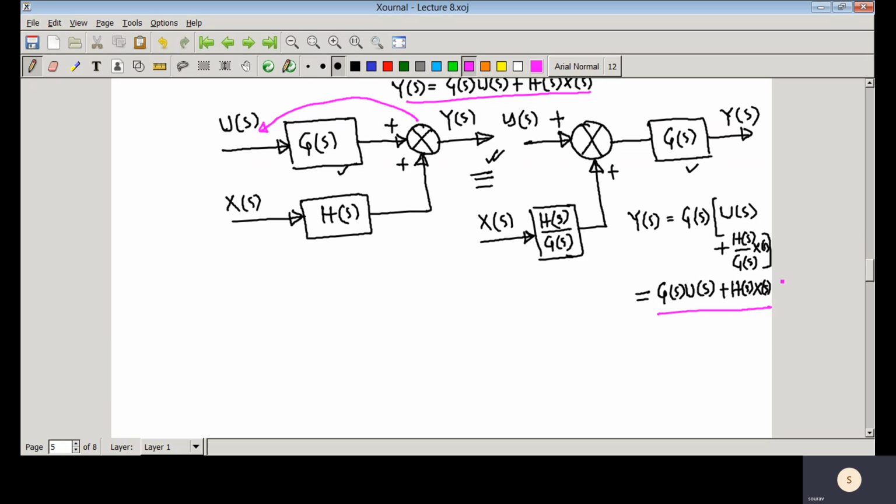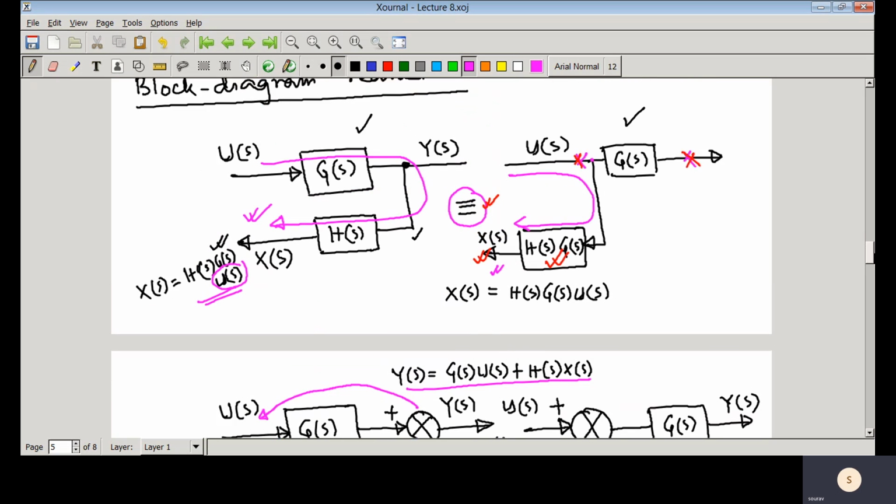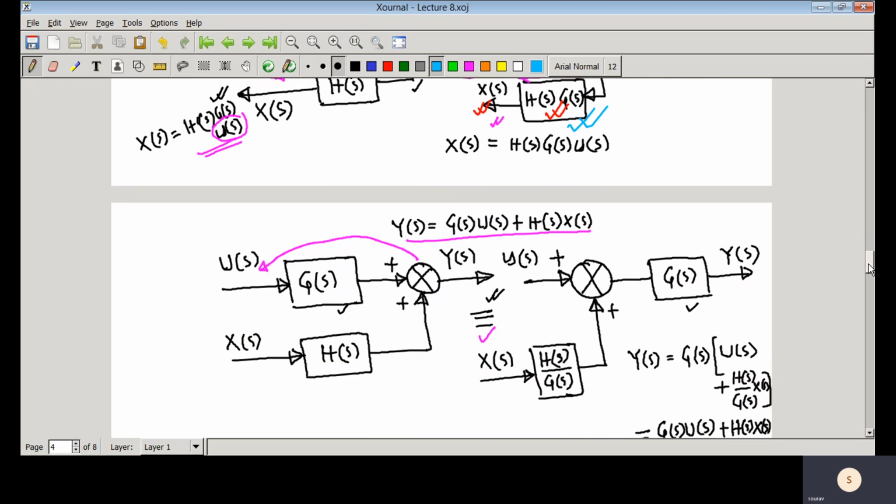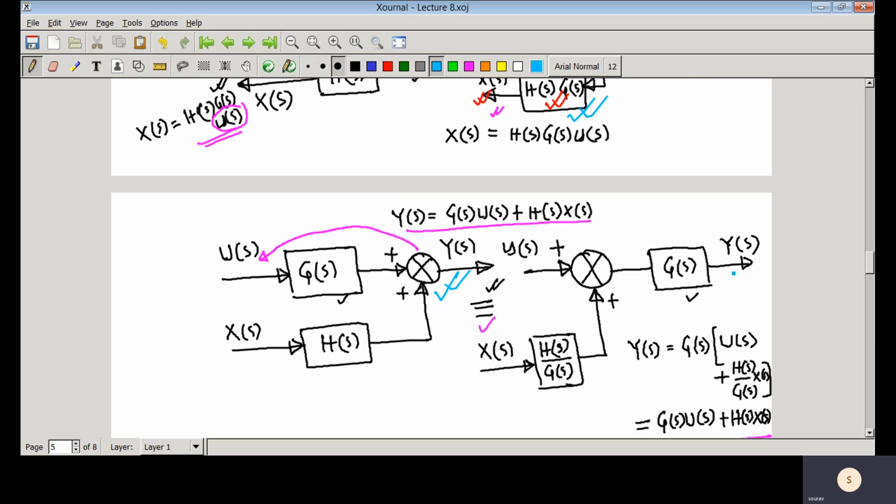So that means these two block diagram representations are equivalent, and we can see it here that whenever you change that tapping position, then you can see that the block diagram, the revised one, there will be a product, and whenever you change that comparator position from this place to this place, then there will be one division.